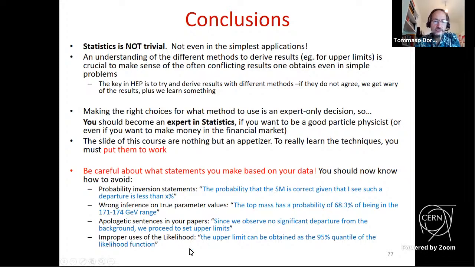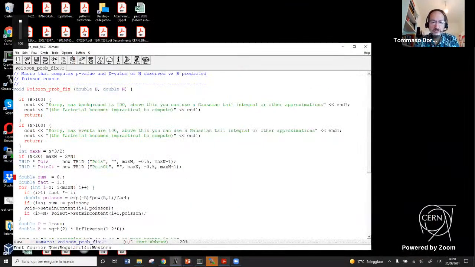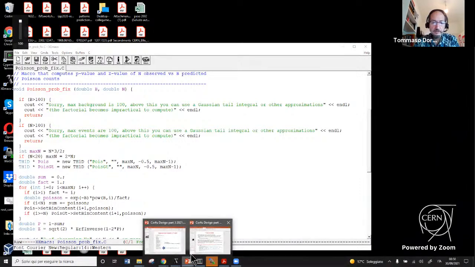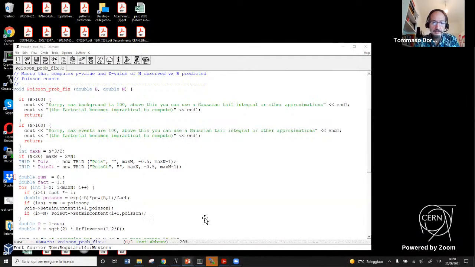And of course, I also showed you a little bit how you should avoid making probability inversion statements if you decide to be a classical statistician, or wrong apologetic sentences, improper uses of the likelihood function, and so on. So, okay, we took enough time to finish these slides, and now I want to go to the tutorial, okay?